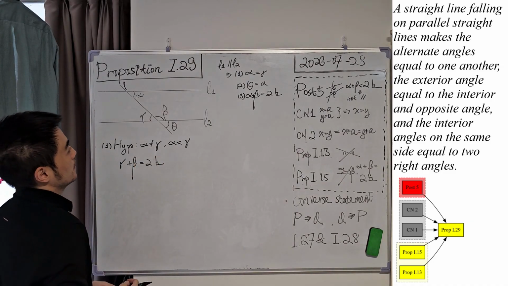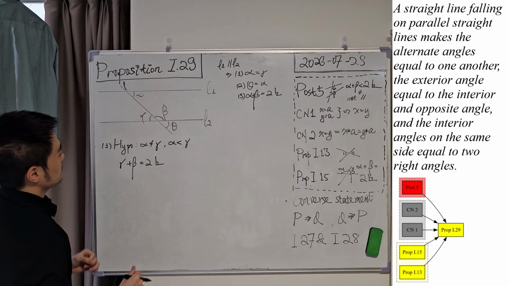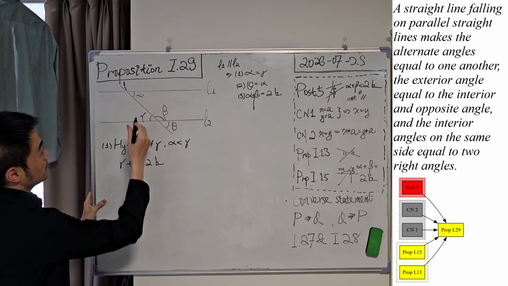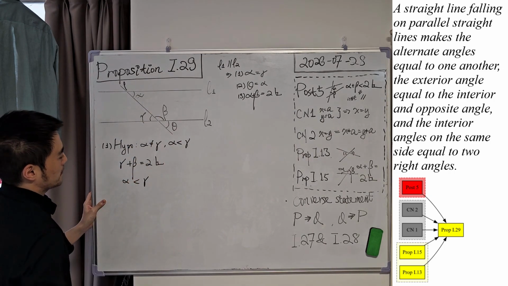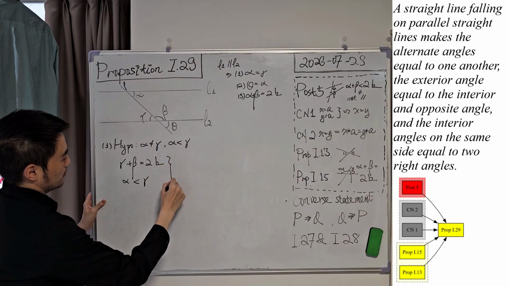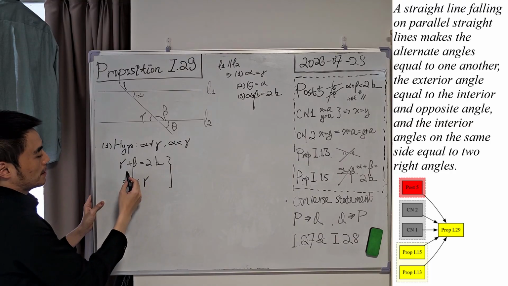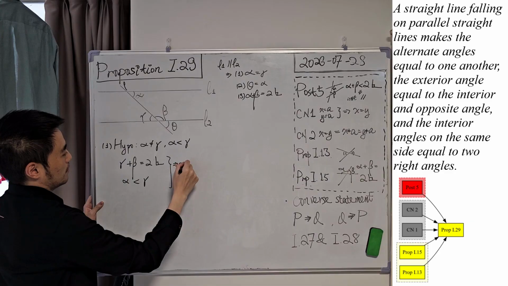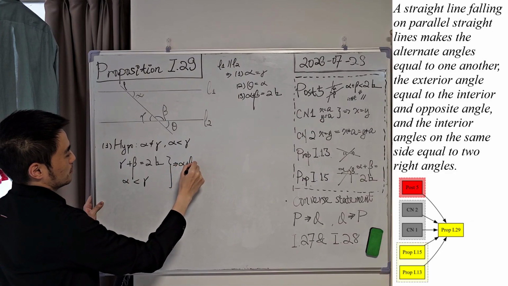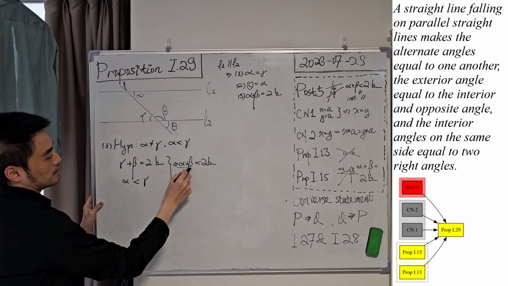And we know that alpha is less than gamma, this is our hypothesis. If we combine them together, alpha plus beta will be less than two right angles, correct?